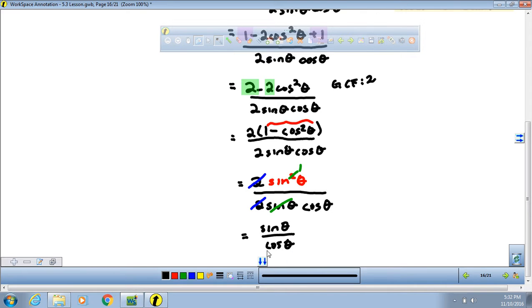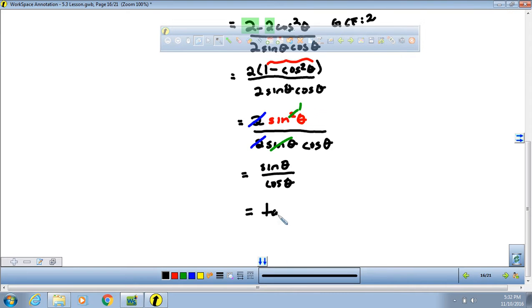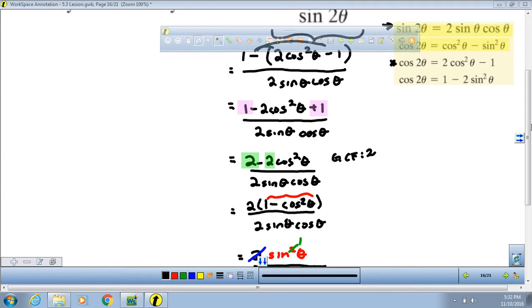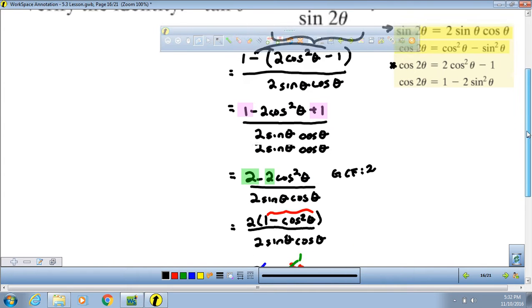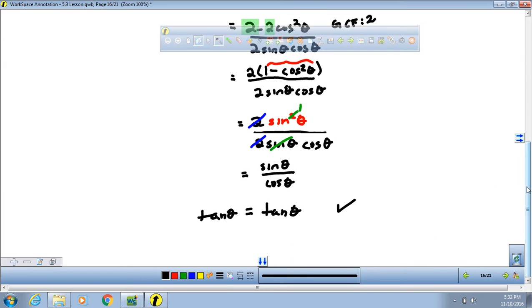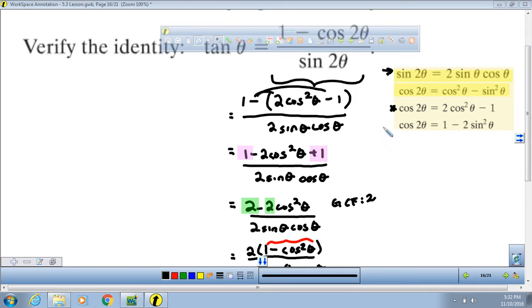But sine divided by cosine is the same as tangent of theta, and the other side of the identity is equal to tangent of theta, right? So if we go up, that's what it is on the left side. So it checks. And like I told you, if you had substituted the cosine of 2 theta with this one, you are still going to get the answer.